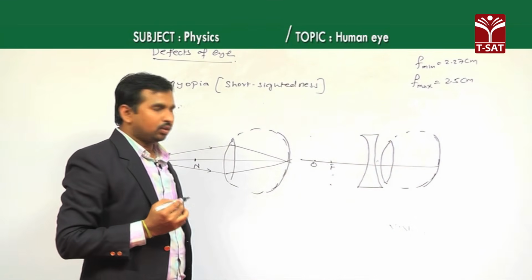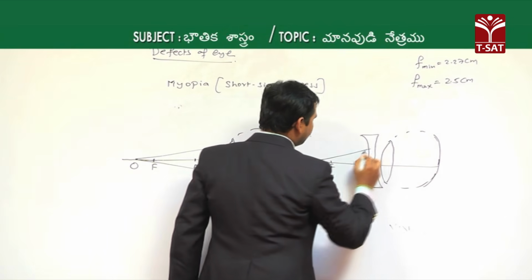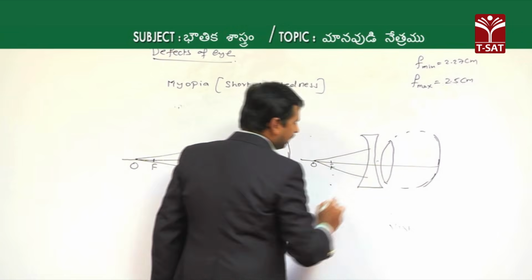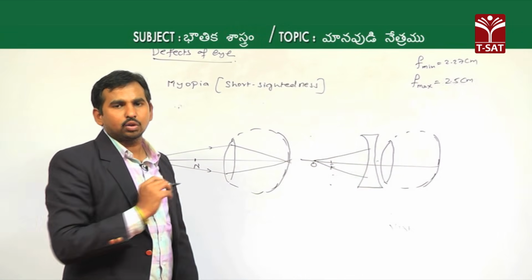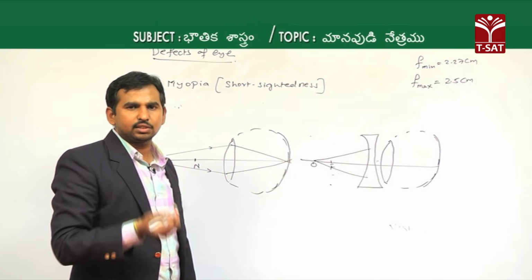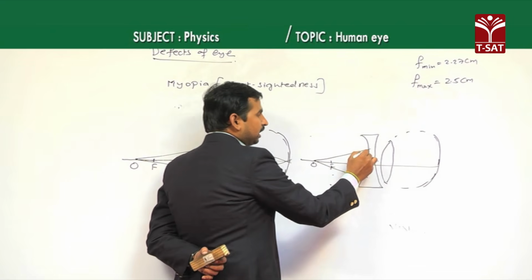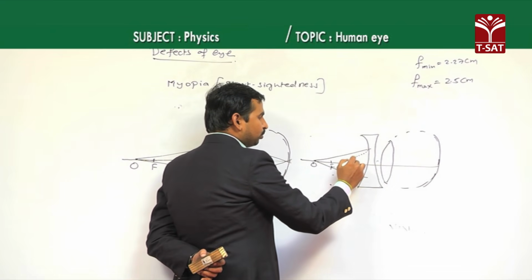Okay. Now, the light rays which are coming from the object, first are passing through the concave lens here. Okay. As the concave lens forms the image of that object which is a virtual and erect image, that too it is formed before the lens, because that is a virtual image.